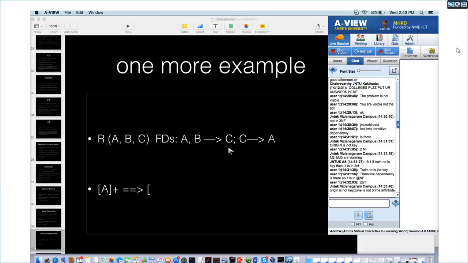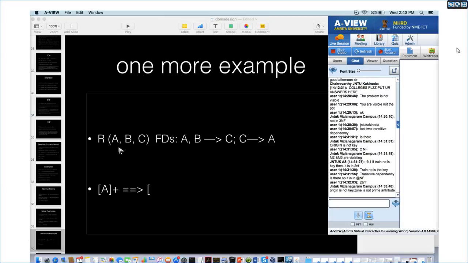Now, using the attribute closures, you can determine the candidate keys for this relationship, given the FDs. How do you compute the attribute closures? I've done this previously.